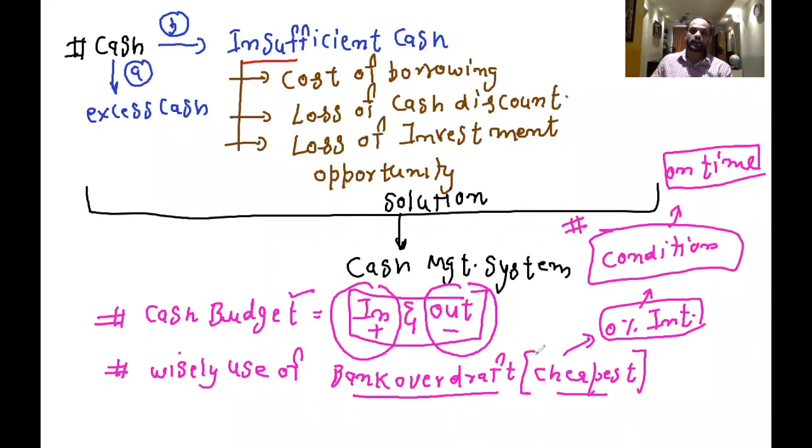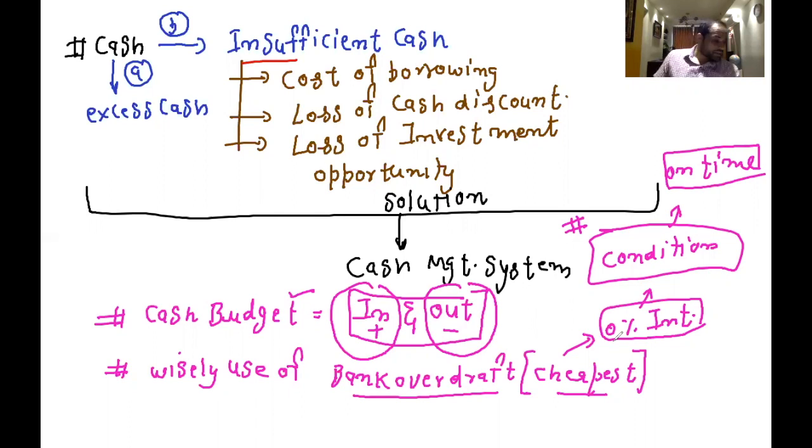If we are meeting the condition, we're gonna have sufficient cash without bearing any kinds of cost related to such borrowing options. All right. So that's the reason we can manage our cash through the cash budget and the wise, or the right, use of bank overdraft amounts.